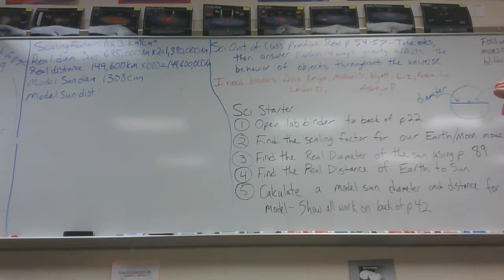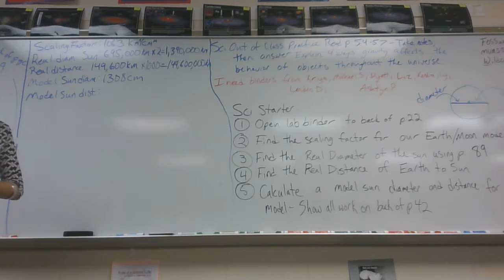We divided the real diameter of the sun by, which is the scaling factor. So to find the distance, what do you think we do? No. To find our model diameter of the sun, you said we took the real diameter of the sun and divided it by our scaling factor.